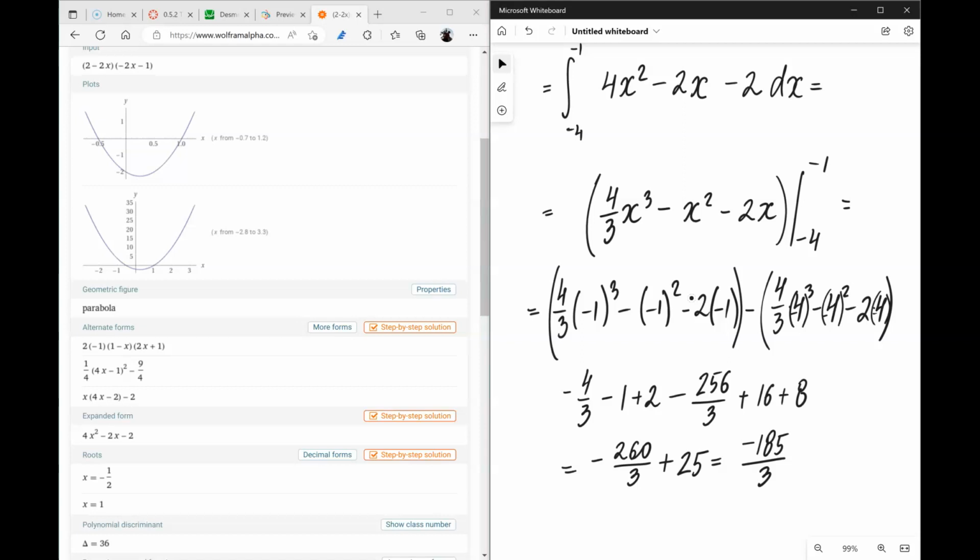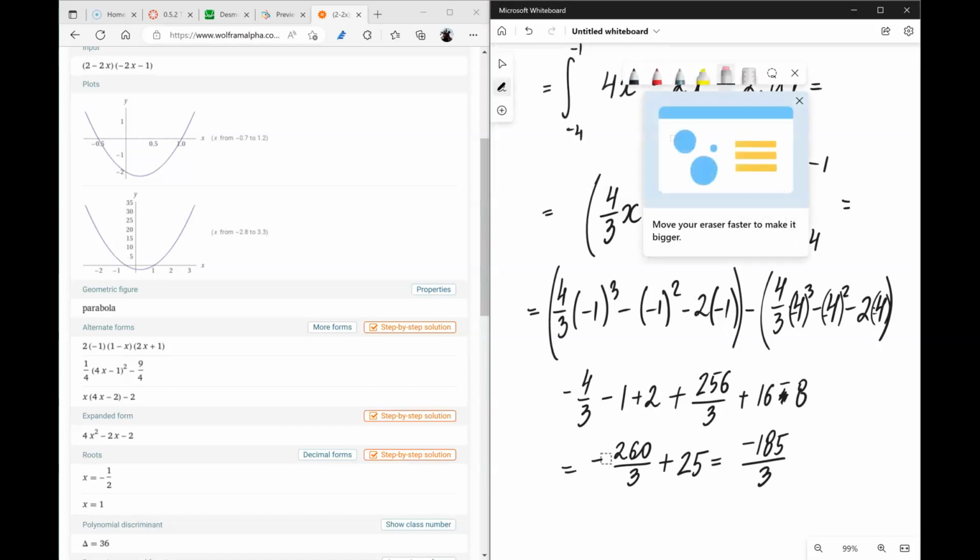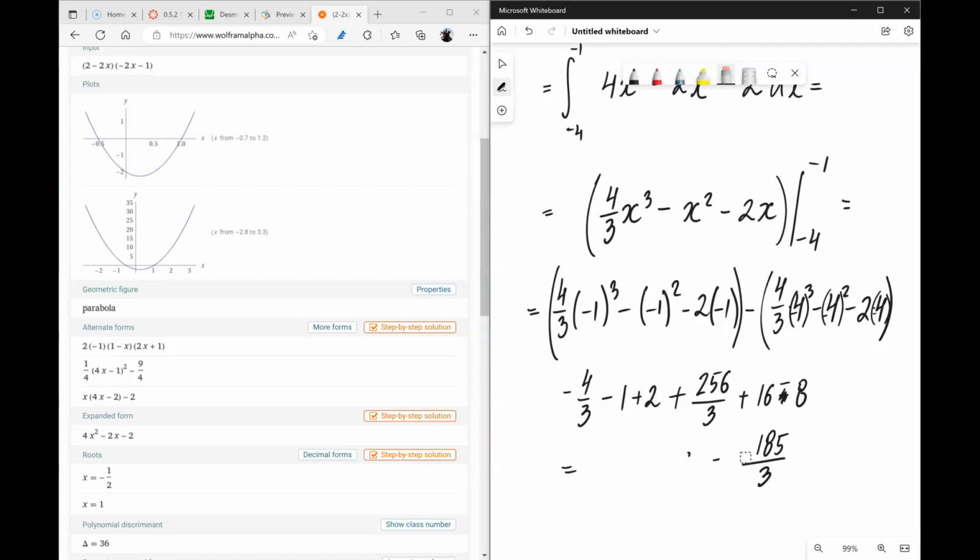So plugging in negative 4 changes the sign here. Changes the sign here as well. So now we have negative 4 plus 256, that's 252 over 3.